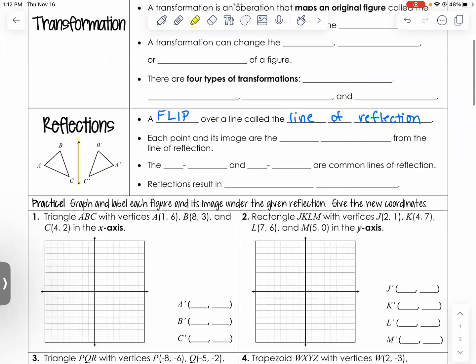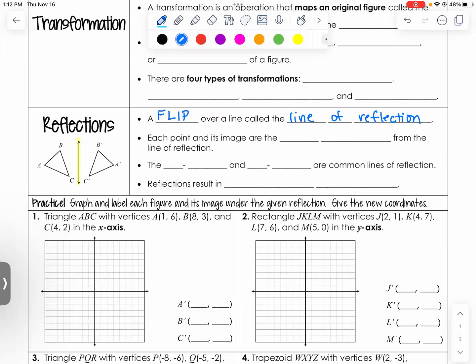Each point and its image are the same distance from the line of reflection. So what does that mean? A and A prime each are the same distance from that yellow line that I just highlighted. They're the same distance from the line of reflection.